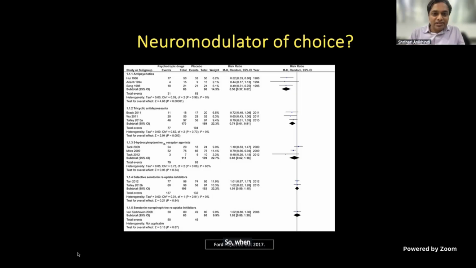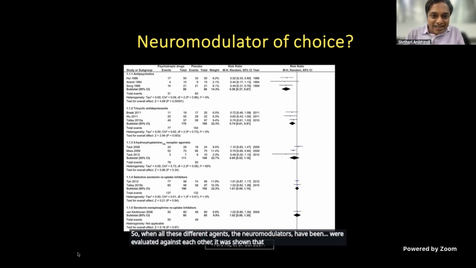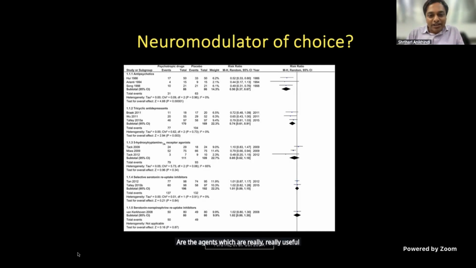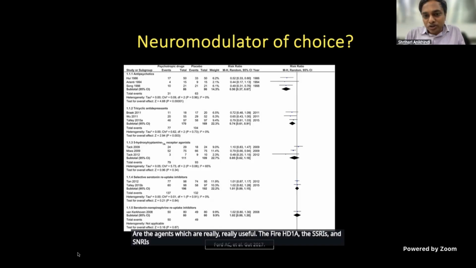So when all these different agents, the neuromodulators, were evaluated against each other, it was shown that the antipsychotics and the tricyclic antidepressants are the agents which are really, really useful. The 5-HT1A agents, the SSRIs and SNRIs did not show much benefit in the meta-analysis.